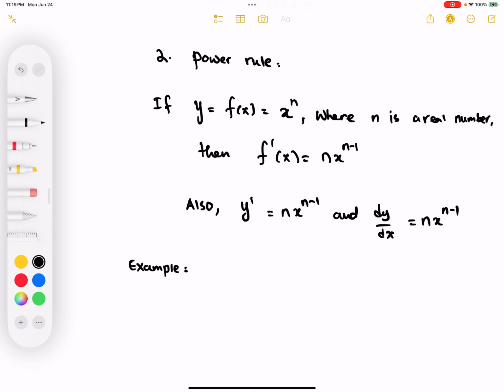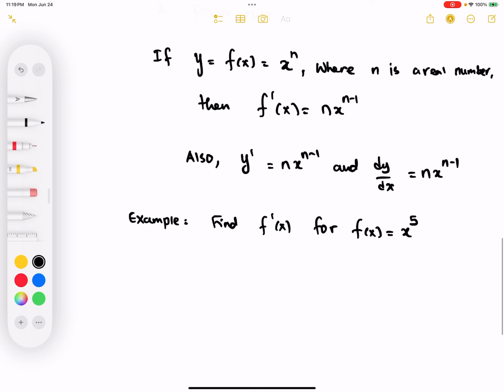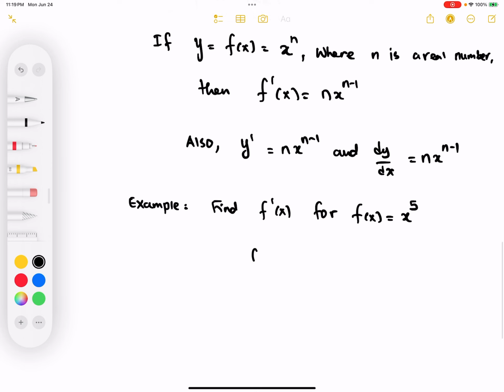For example, find f prime of x for f of x is equal to x to the fifth power. According to the power rule, f prime of x: 5 down, x to the 5 minus 1. This means 5x to the fourth.